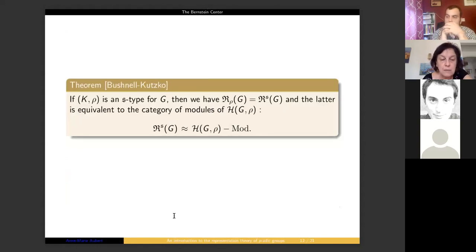Okay, so now come back to an S-type, and the main result of Bushnell and Kutzko for an arbitrary p-adic group is the following, and this is the reason for introducing the notion of S-type. If (K, rho) is an S-type, then the category R_rho of G coincides with the category R_S of G. And in particular, the latter is equivalent to a category of modules over this algebra.